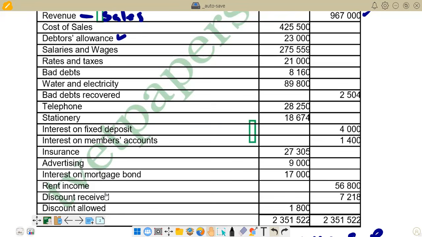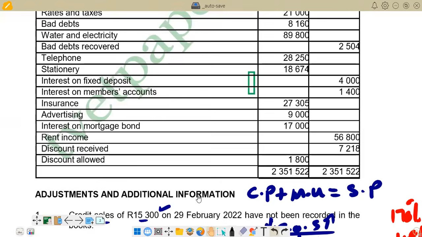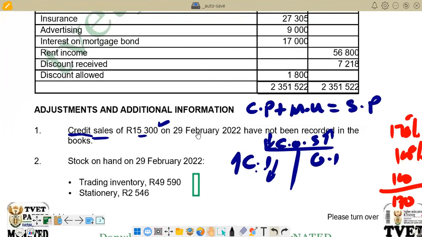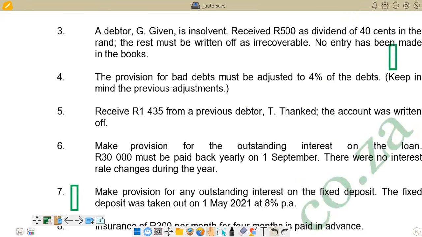We've got discount received. Discount received 7,218. And also you check if you've got any additional information, anything that is affecting discount received. There you see you don't have. Go to the next page. You check again. You're starting from 3 to check if you've got anything that is affecting discount received.